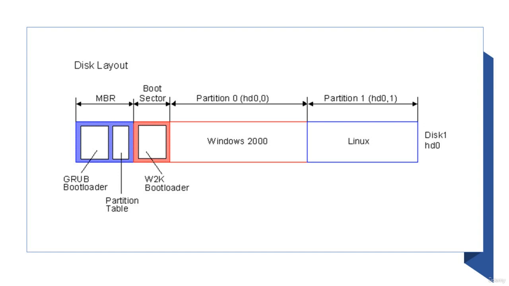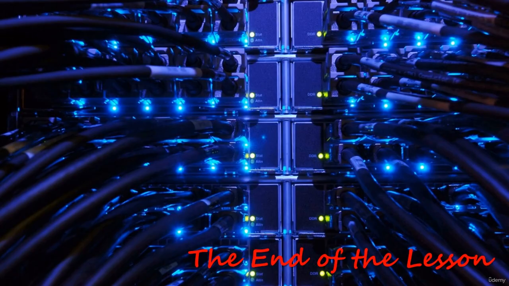Now, while the technical differences can seem overwhelming to understand and apply, just remember, MBR works with drives 2 terabytes or smaller and older OSs, while GPT was designed to support drives greater than 2 terabytes and the newer OSs, as well as a larger number of partitions. All right, so I hope that makes it really clear for you. That's the GPT, the GUID partition table, and the master boot record, or MBR.